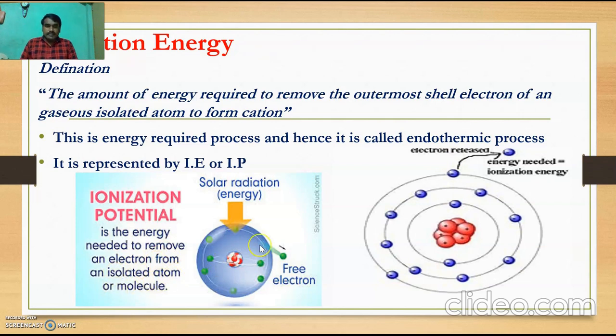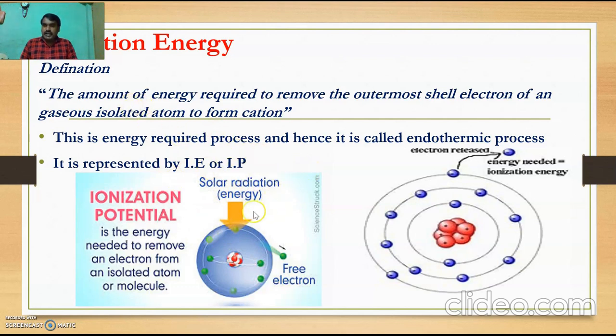For example, this is the atom, this is the nucleus, and these are the surrounding inner shell electrons, and these are the valence shell electrons.